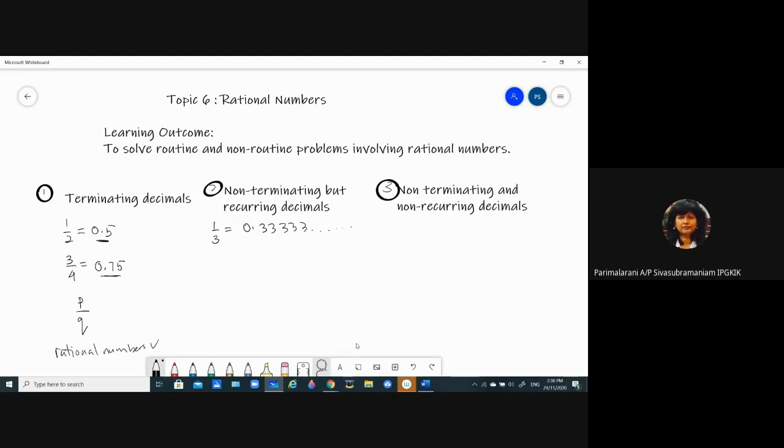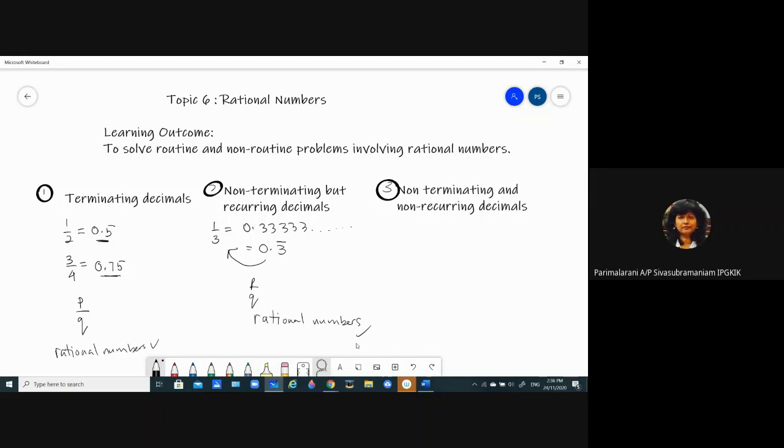So 3 is repeating, and this decimal can also be written as 0.3 with a bar on top of the 3. This means that the digit 3 is repeating. So this is a non-terminating but recurring decimal, but you can write it as a fraction p over q. Therefore, non-terminating but recurring decimals are all rational numbers.